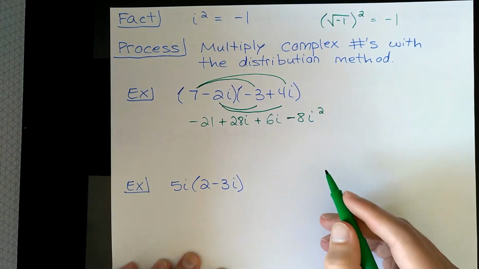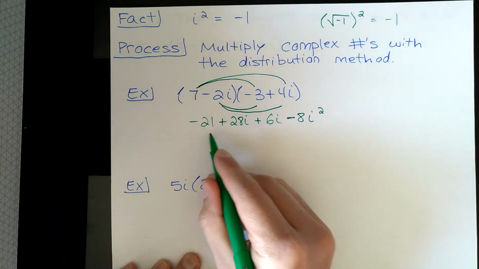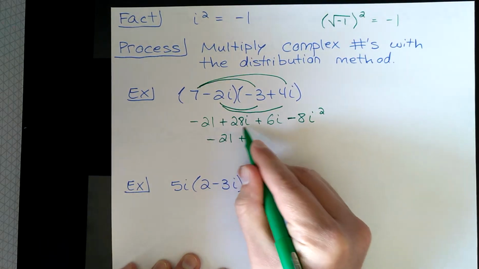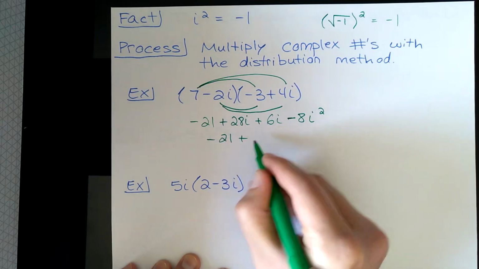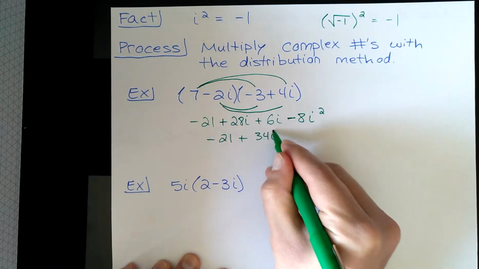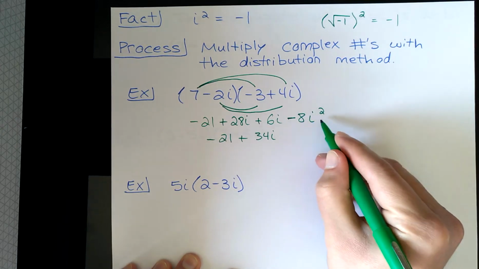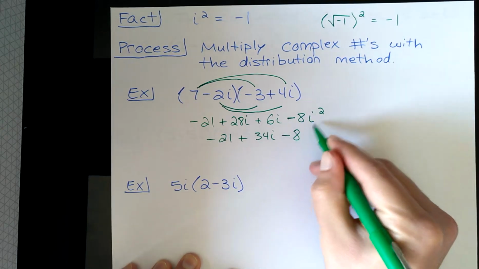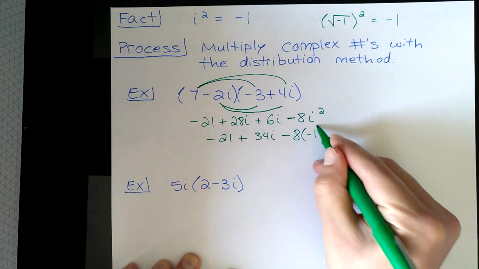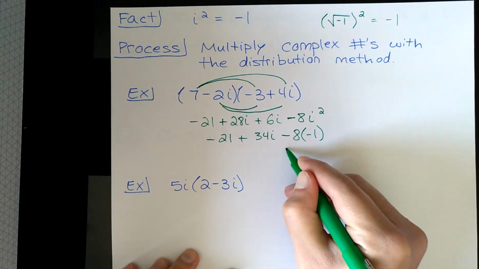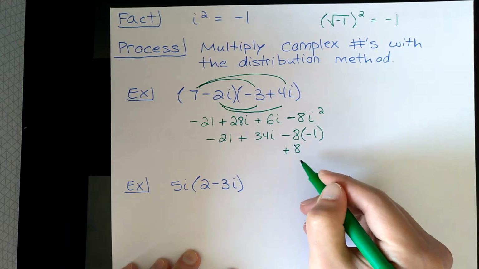Now we start simplifying. So we have negative 21 plus 28i plus 6i gives us 34i. And here, negative 8i squared, well, i squared we said is negative 1. So we get negative 8 times negative 1, that's going to become positive 8.